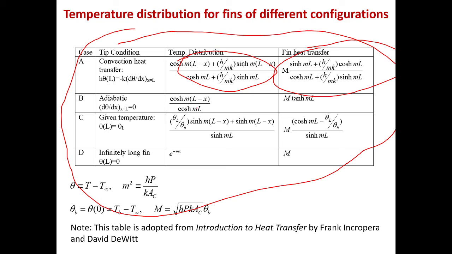For the adiabatic condition, the temperature distribution is this, and the fin heat transfer is this. For a given temperature θ(L), the temperature distribution is this, and the fin heat transfer is this. For an infinitely long fin, the temperature distribution is this, and the fin heat transfer is this.